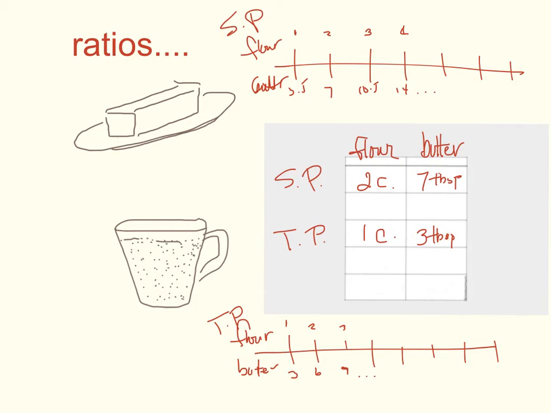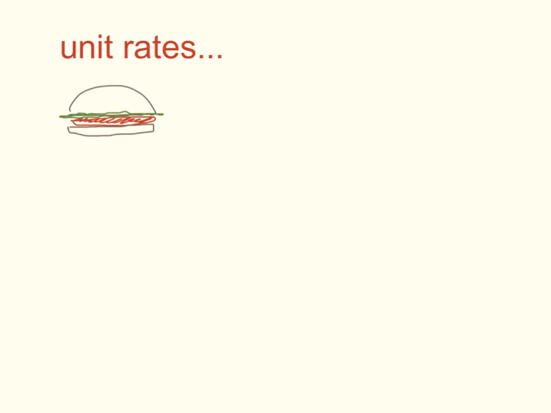Now, you notice that these were ratios that were different, and I compared them by just lining them up and looking at how one affected the other. But let's look at another way.